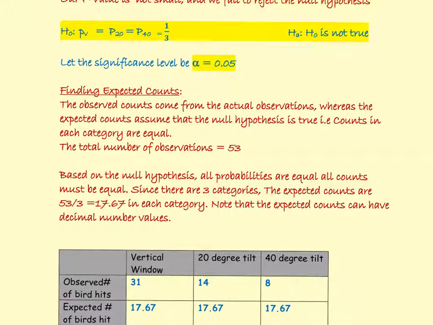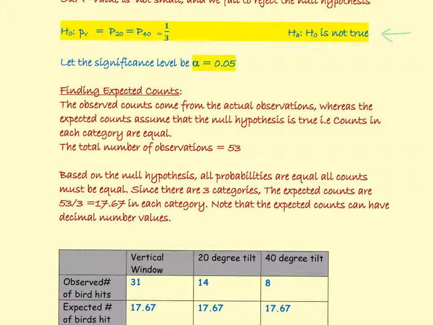So now we can set up our null hypothesis, and this is how we write down the null hypothesis as we've done before in the various hypothesis tests that we've done. H0, H subscript 0, is the null hypothesis, what is believed to be true.